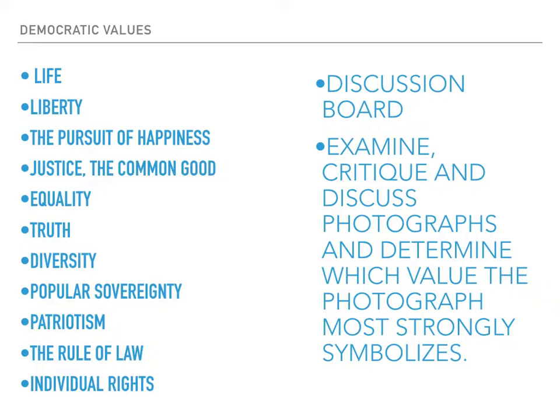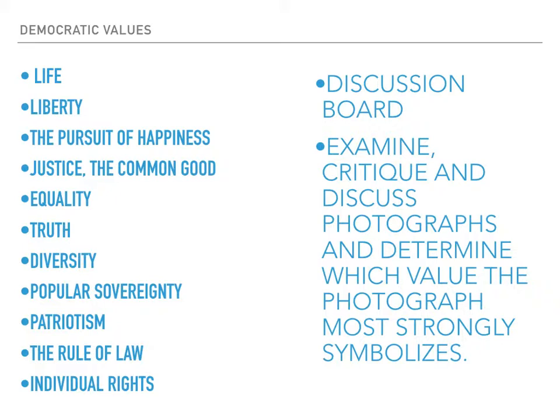What I want you to do is think and reflect on all of those words, and I want you to hop onto Canvas and go to the discussion board called Democratic Values. I would like you to find a picture or a photograph or some type of artwork that really symbolizes one of those words.